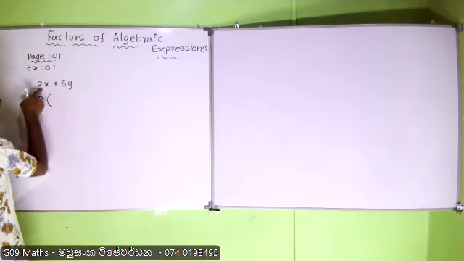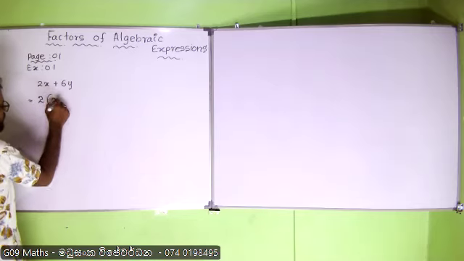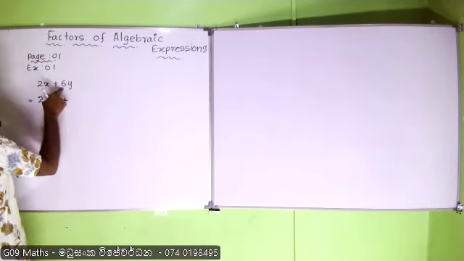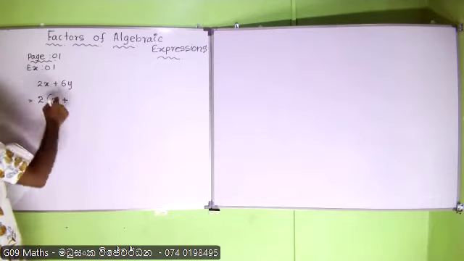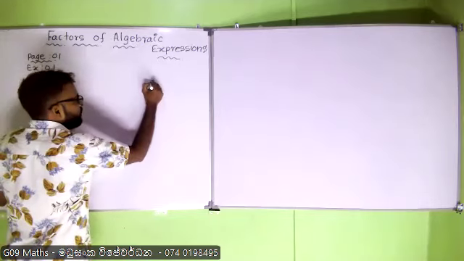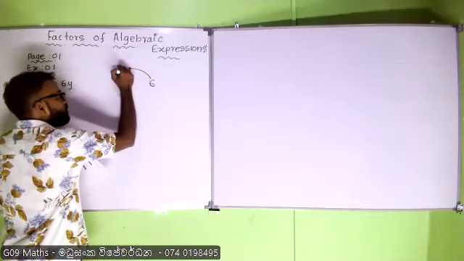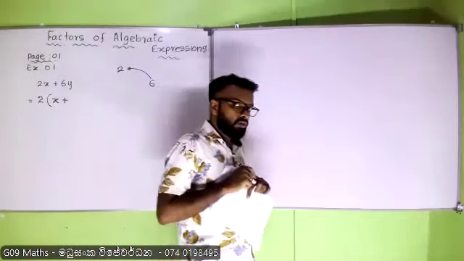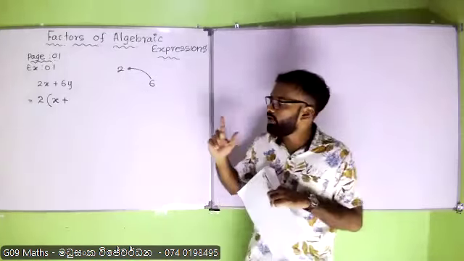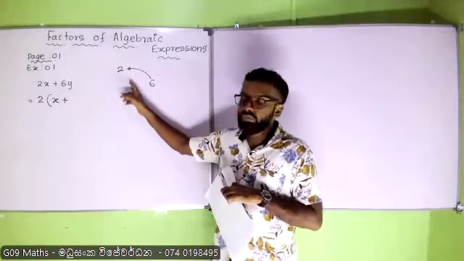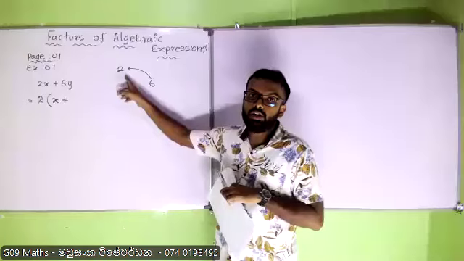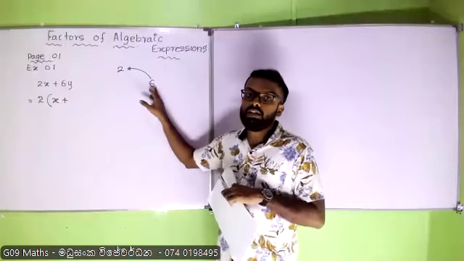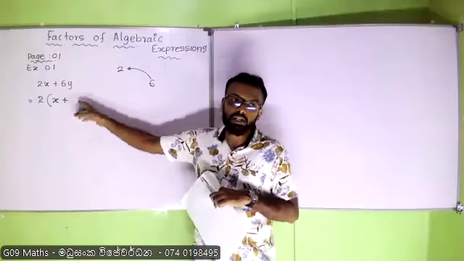If you take positive 2 out from here, what is the rest of the term? x. Here you have plus. If you take 2 out from 6, what would be the final value? 3. If you take 2 out from 6, the rest of the value is 3.